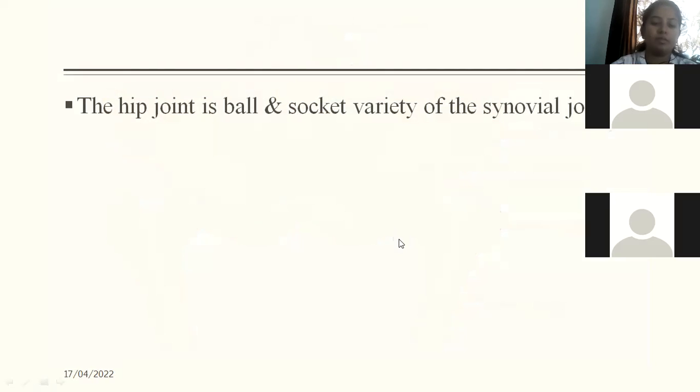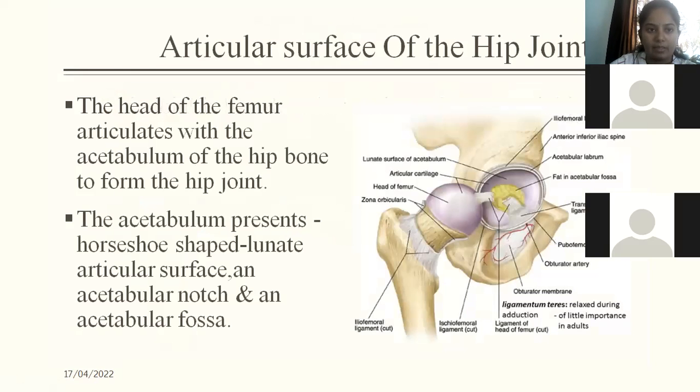The hip joint, what is the variety? The hip joint is the ball and socket variety of the synovial joint. Then the articular surfaces of the hip joint. As I told you, the articulating surface is the oval-shaped head of the femur. It articulates with the acetabulum of the hip bone to form the hip joint.